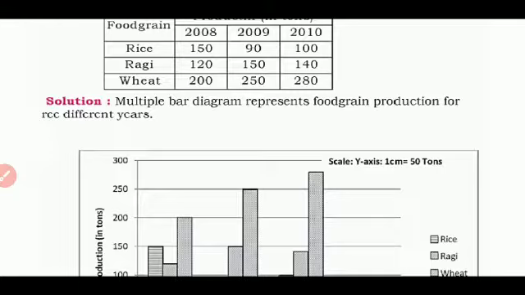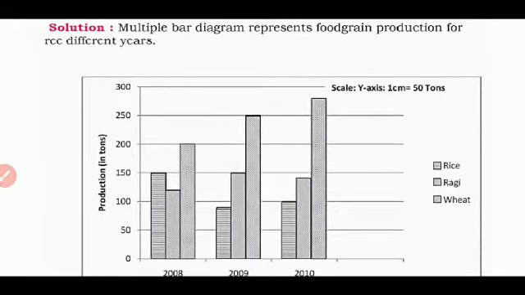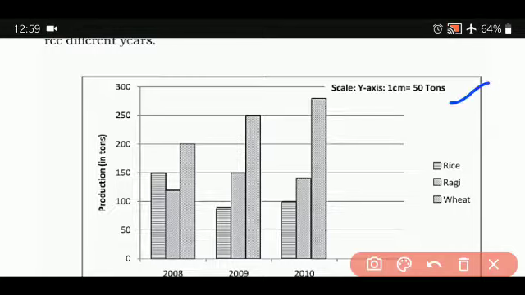So how are these values represented? Please pay attention: the scale mentioned here is 1 centimeter equals 50 tons. You have the freedom to take a scale of your choice, but keep in mind the scale should be reasonable enough to show that the diagram is neat and attractive.